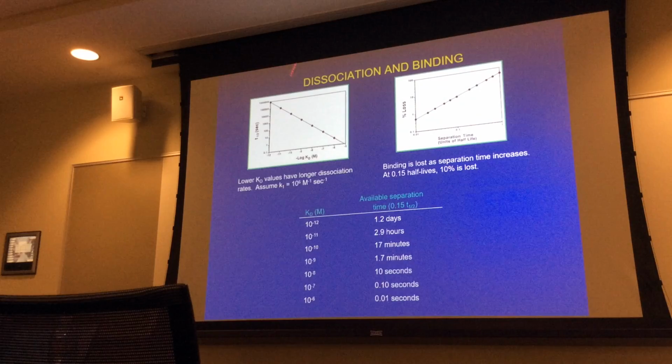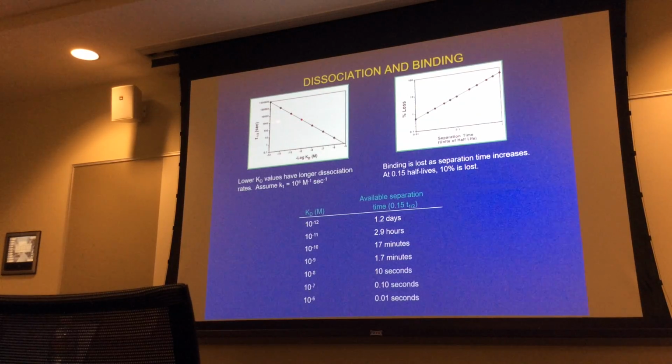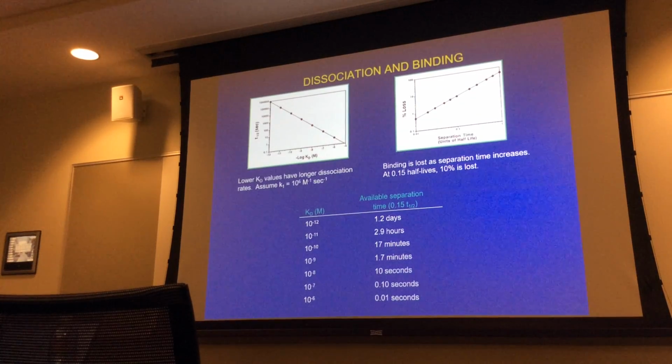All right, so a normal drug, I told you last time that a normal drug affinity is around nanomolar, 10 to the minus 9 molar. So if we look at this plot and go over here, it looks like the approximate half-life of a drug with a 1 nanomolar KD is 1,000 seconds. That's quite a long time.